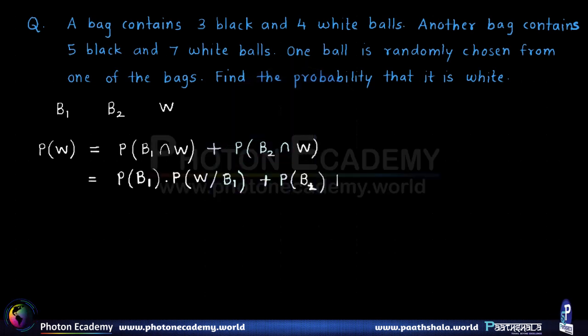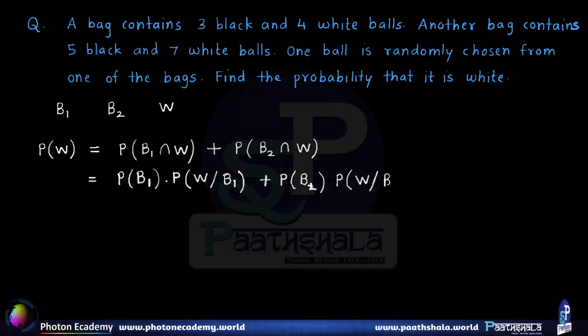Now on selecting bag 2, after that we are going to select the ball from that second bag. So there we will write the probability that it's a white ball given that bag 2 has been selected. So this is how we use the conditional probability.